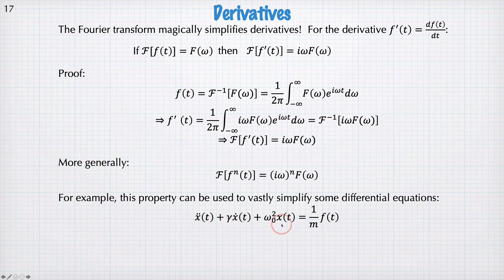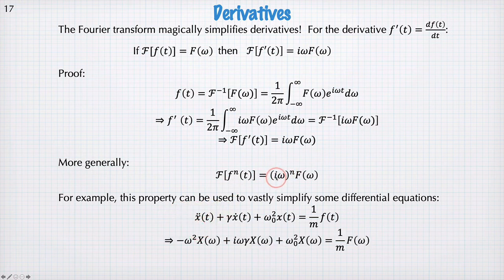If we take the Fourier transforms of both sides of this equation, then the second order derivative gives us two factors of i omega. So i omega to the power of 2, that gives us a negative omega squared. The single derivative here gives us a factor of i omega. The other terms have no derivatives, so it's just the Fourier transform of x gives us capital X of omega.